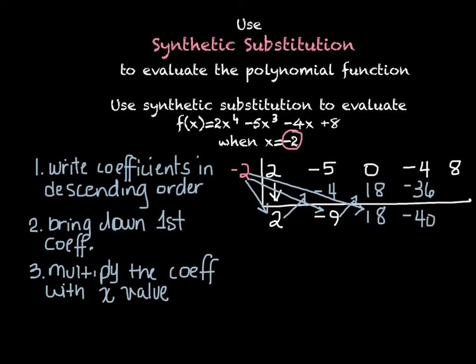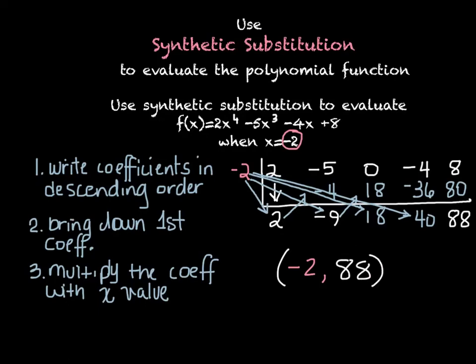And last but not least, I'm going to multiply the negative 2 times negative 40. I'm going to get a positive 80, add those two together, and I get an 88. What this means is evaluating the function at negative 2 gives me 88.